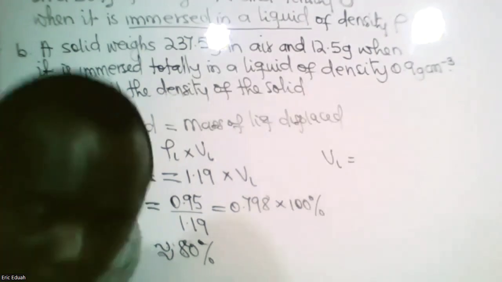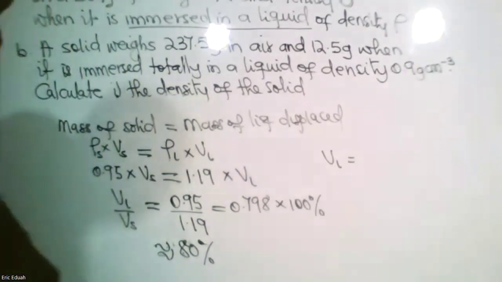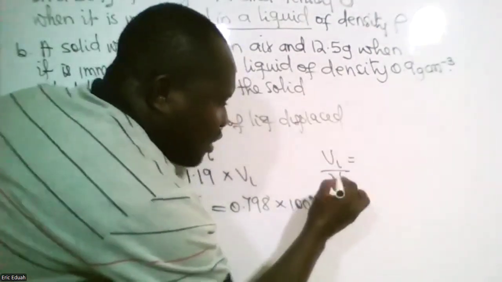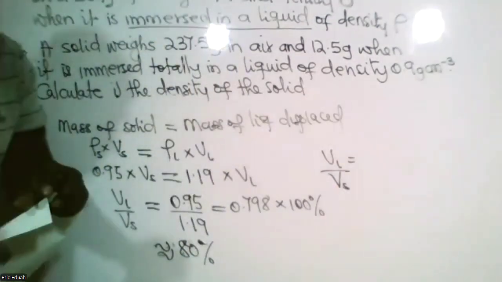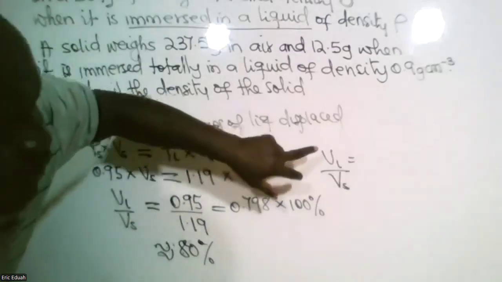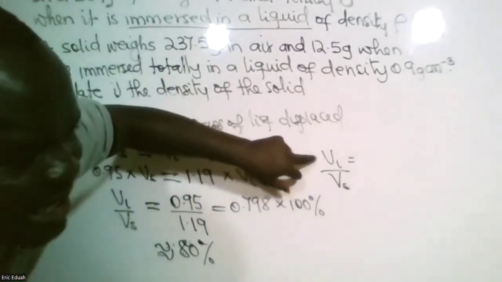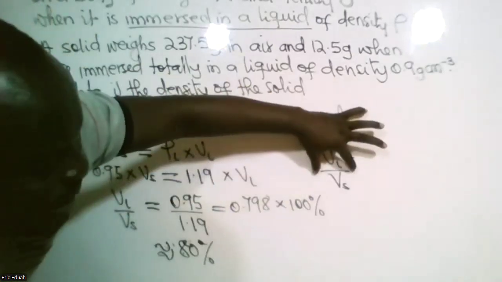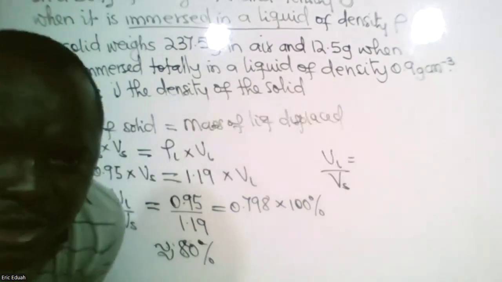Yes, please. So, if you find a ratio of volume of the liquid displaced over volume of the whole solid, it means this is the volume of that part of the solid submerged in the water, divided by the whole volume of the solid.